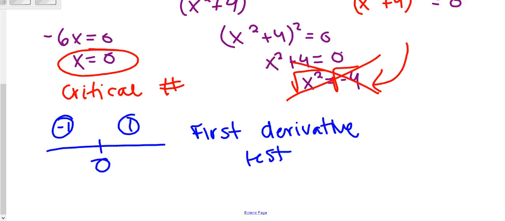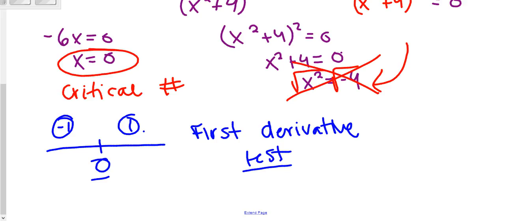I would suggest putting the numbers that you're going to test on top and circling them and leaving your critical numbers alone on the bottom. You do not want to get those mixed up because your test numbers are going to go into your derivative to test the sign, and your critical number will eventually, if it is a minimum or a maximum, go back into your original function.